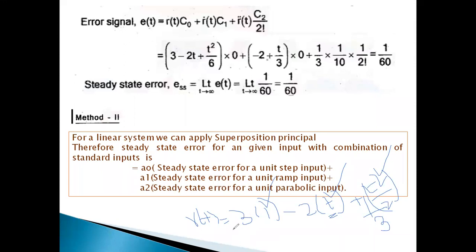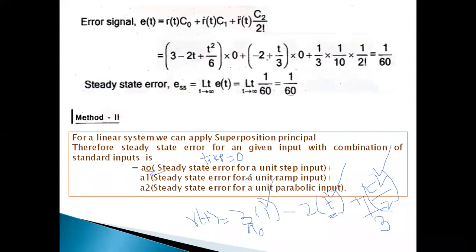In this case, the coefficient A0 value is 3, multiplied with steady state error when the input is unit step. Steady state error means 1 by 1 plus Kp. Position error constant is infinity. We have already calculated this term, that is equal to 0.